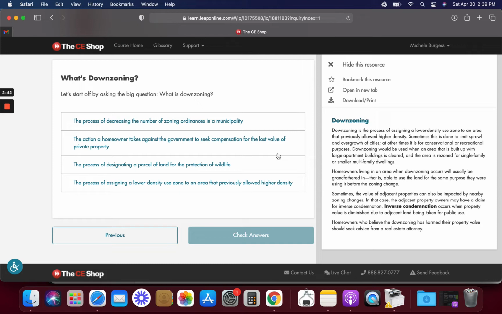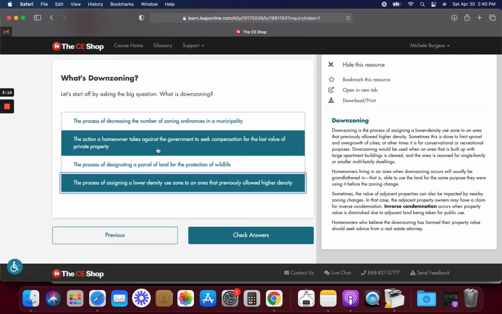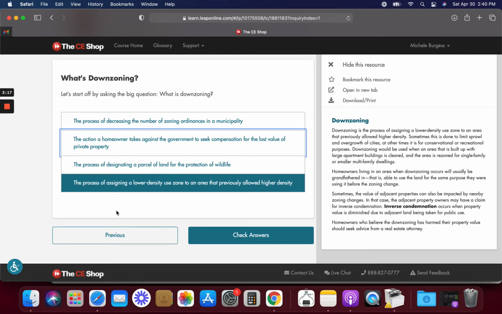So, homeowners who believe the down zoning has harmed their property value have to get assistance from a real estate attorney to make sure they get some of their money or compensation for this. This is called inverse condemnation, I believe, right here, not down zoning. Down zoning is the process of assigning a lower density use zone that was previously a higher density.